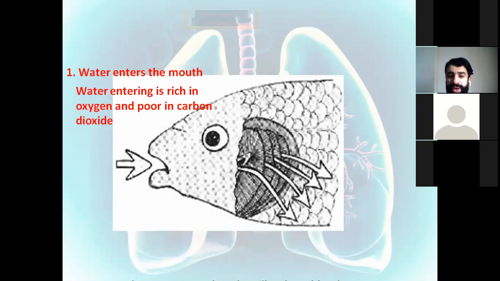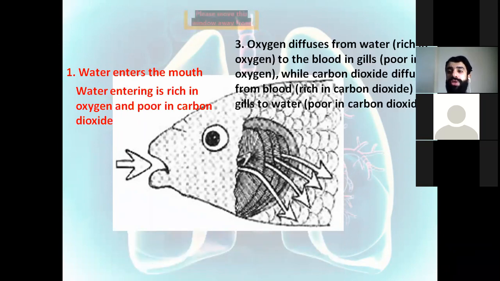So what will happen? The oxygen will diffuse. Diffusion is the movement from high concentration to low concentration. Oxygen will diffuse from water that is rich in oxygen to the blood that is poor in oxygen. Carbon dioxide, the opposite. Carbon dioxide will diffuse from the blood that is rich in carbon dioxide to the water that is poor in carbon dioxide.